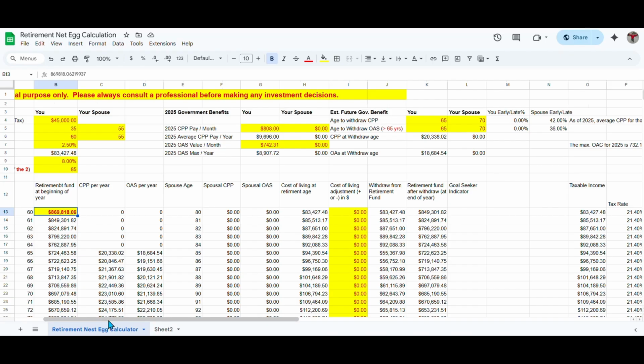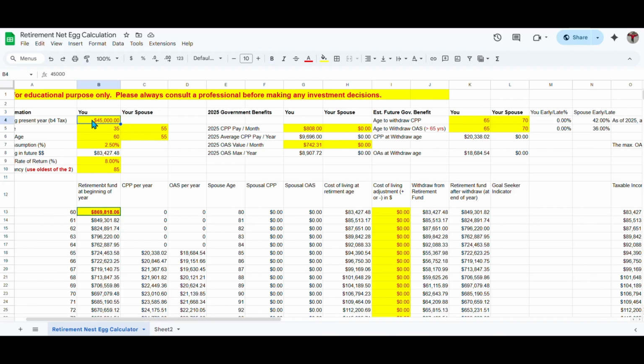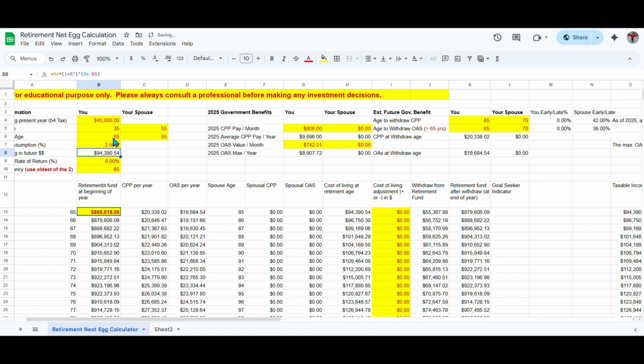So we are going to set up $45,000 as an income before tax per year. Age is 35 years old today. Wants to retire at 65. And we're going to keep everything else the same as before. 8% rate of return for the investment. 85 years old, life expectancy.